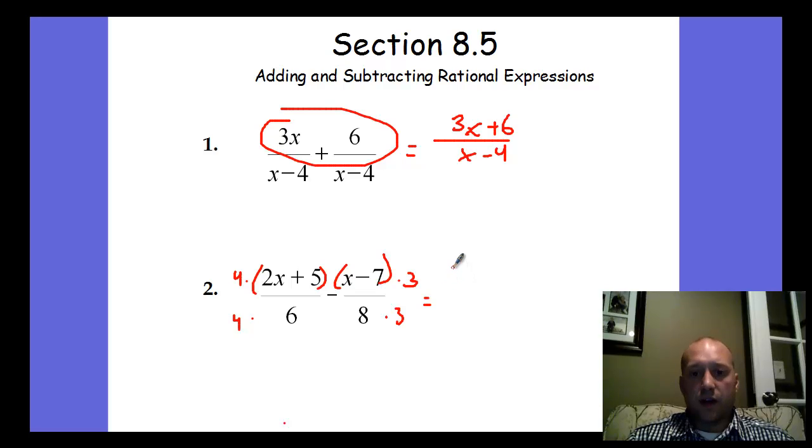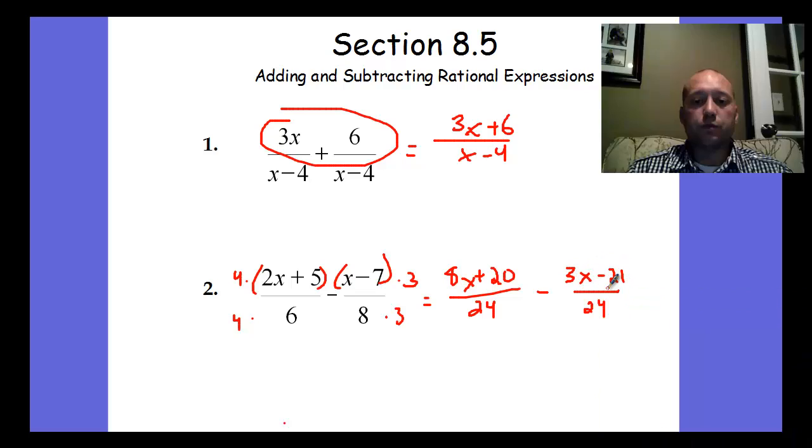So the fraction becomes 8x plus 20 all over 24 minus 3x minus 21 all over 24. Then when we're subtracting, be careful, because we're subtracting that entire quantity. So 8x minus 3x is 5x. And then 20 minus a negative 21 is really positive 41, all over 24. So that would be the result.